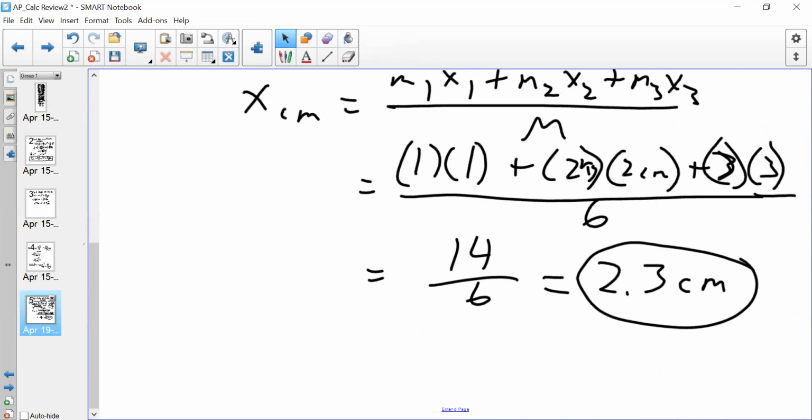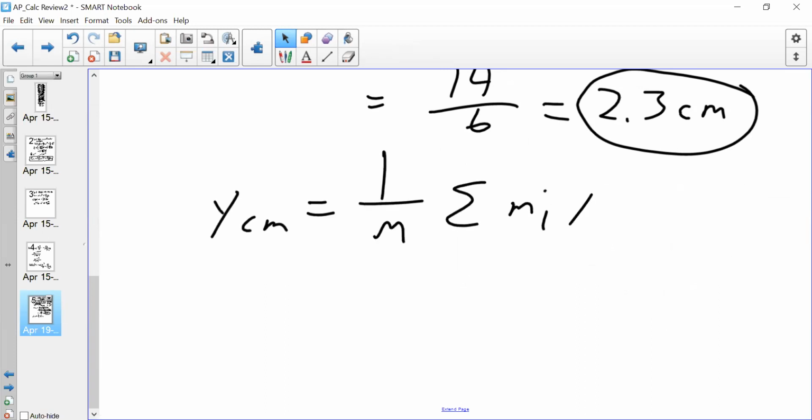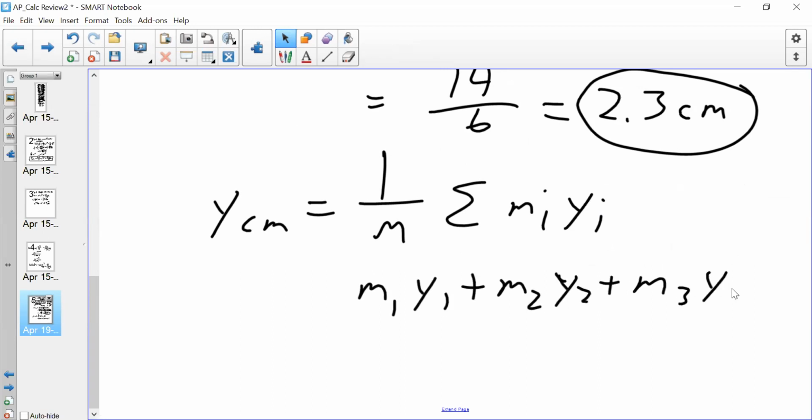So just to show that real quick. On the y-axis, it's the same thing. If you want to find the center of mass along the y-axis, it'd be 1 over the collection of masses and all of their masses with respect to the y-axis. So again, m1, y1, m2, m3, y3 over m.